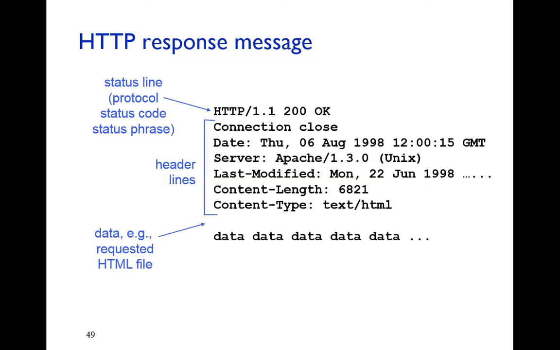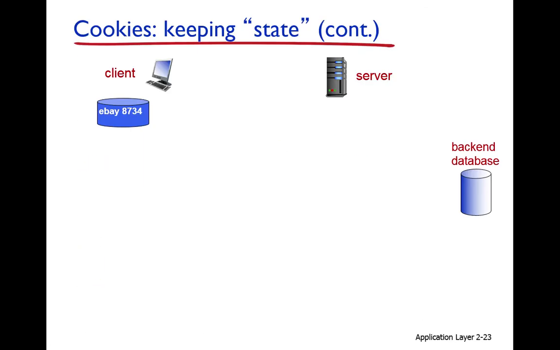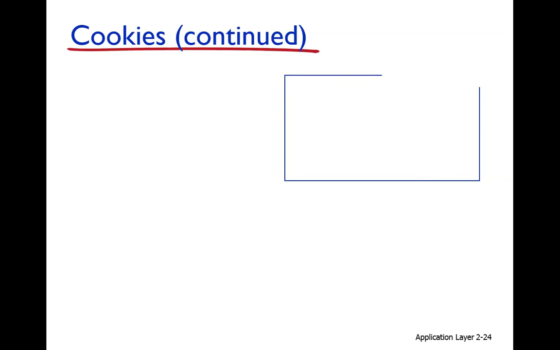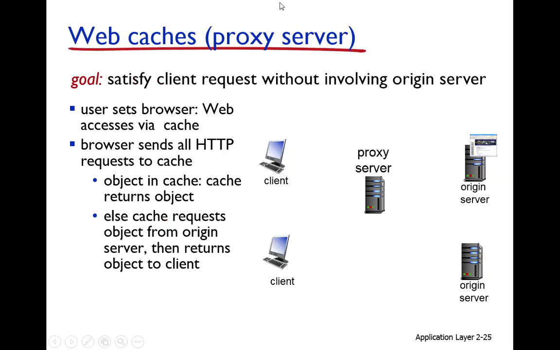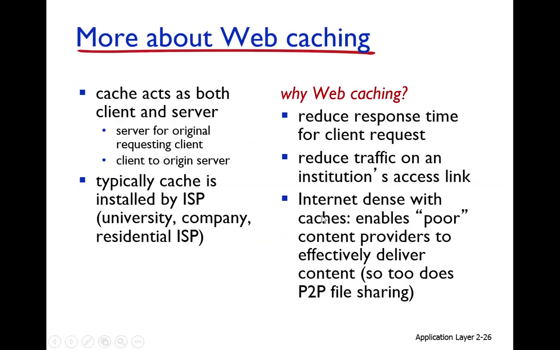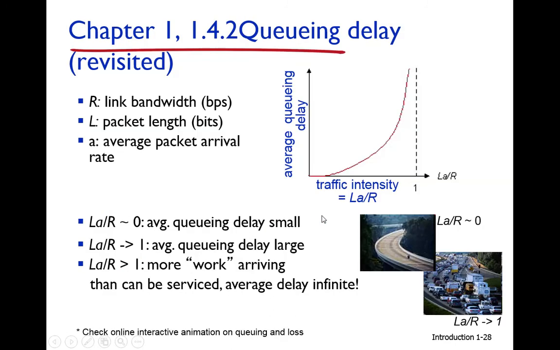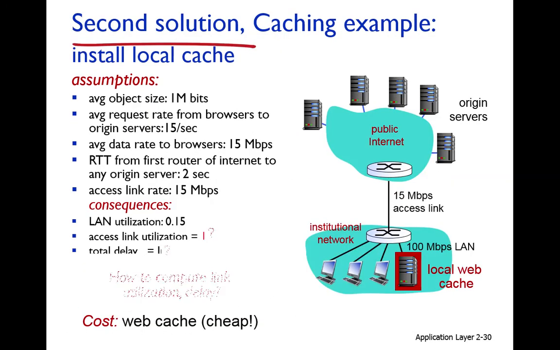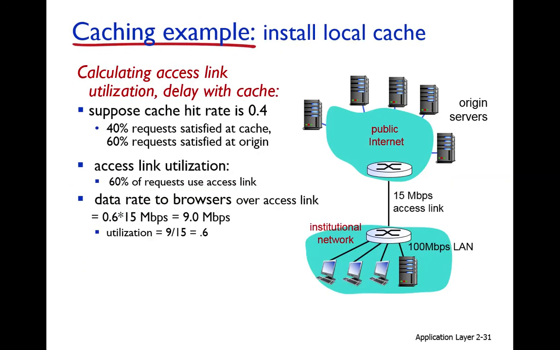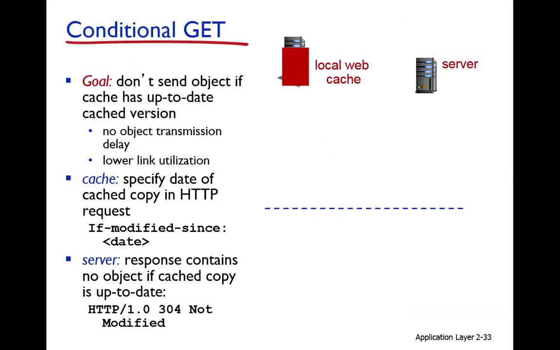So what is its advantage? Let's discuss how it works. Conditional GET: don't send the object if the cache is up to date.